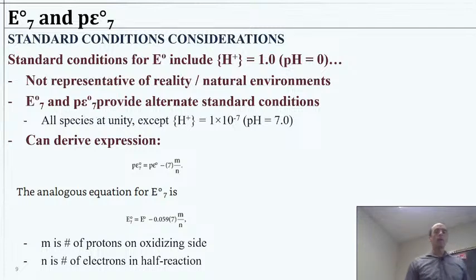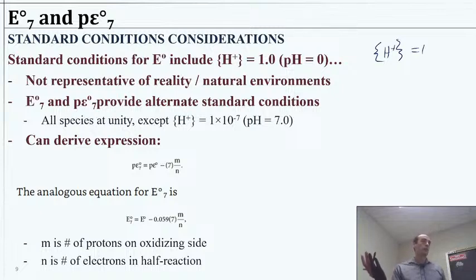So if we put the activity of H plus equal to 1 for a standard condition, because that's how we evaluate standard things, the activity is 1, well, that means pH is 0.